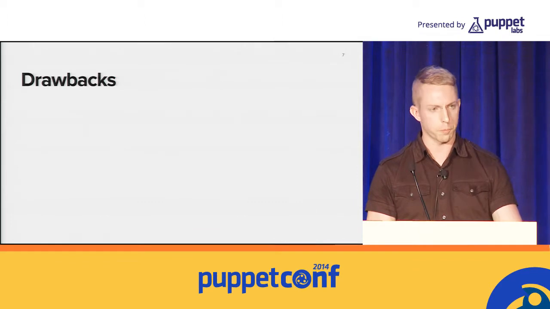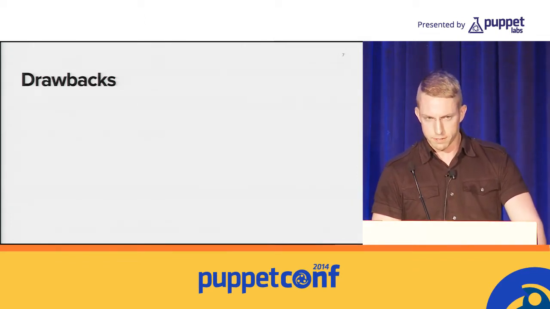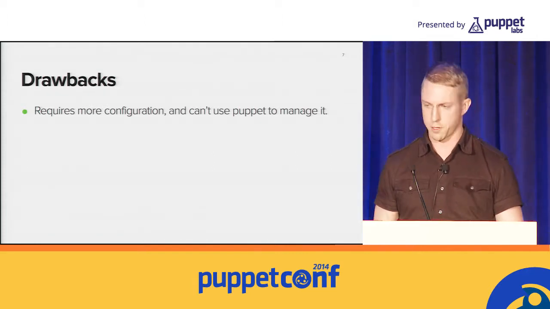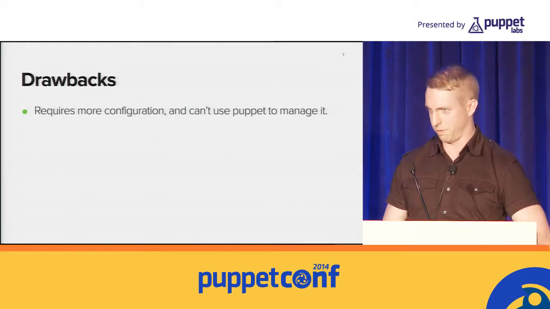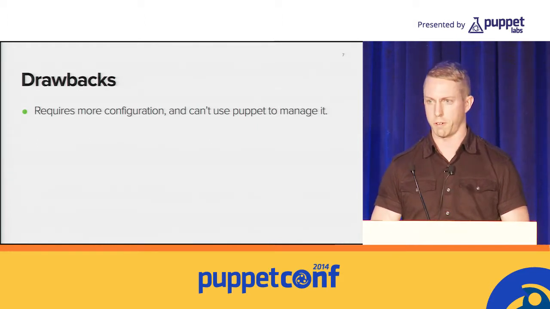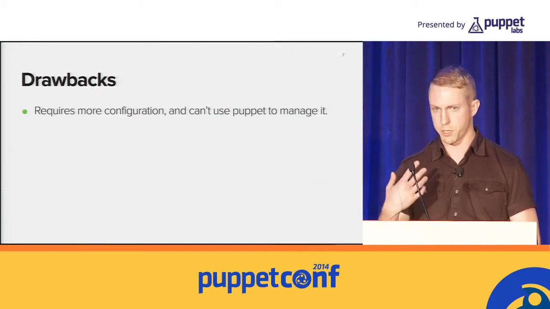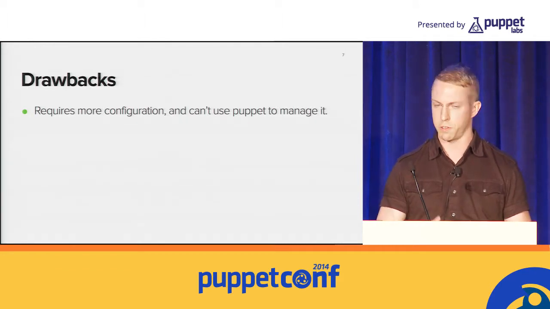But there's also some drawbacks of doing this. For example, it requires more configuration. So we need a bit more configuration of Puppet itself. As we're using PuppetDB, we need to configure the PuppetDB terminus on all the nodes.